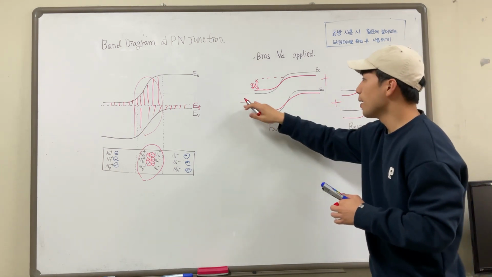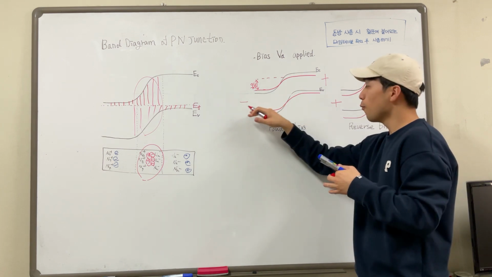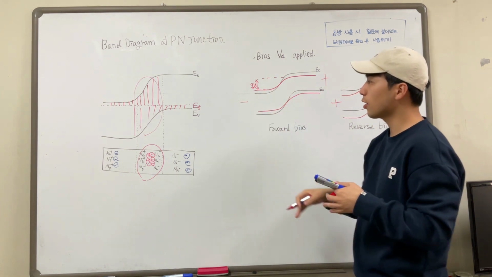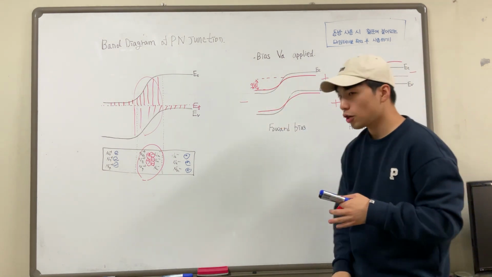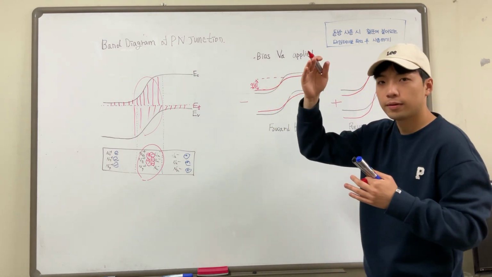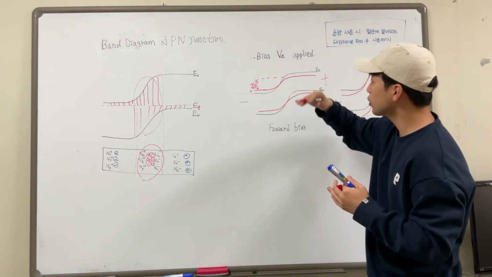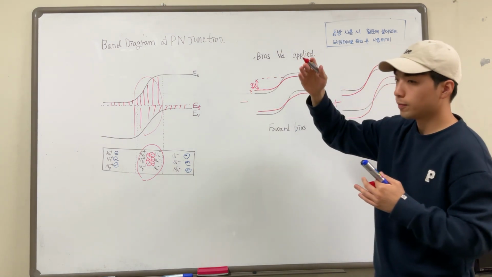In the energy band, when the n-type semiconductor gets a minus charge, the energy band goes up. So we can draw the conduction band up.